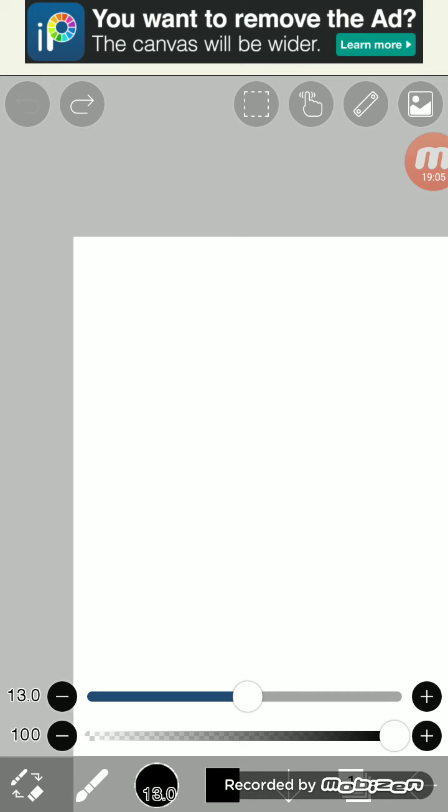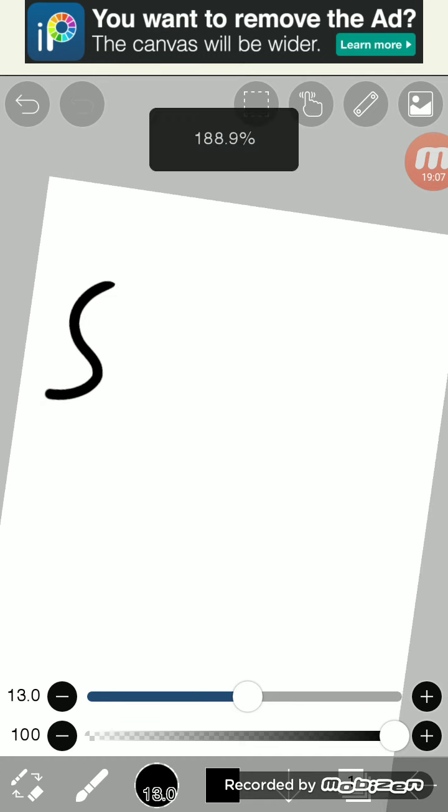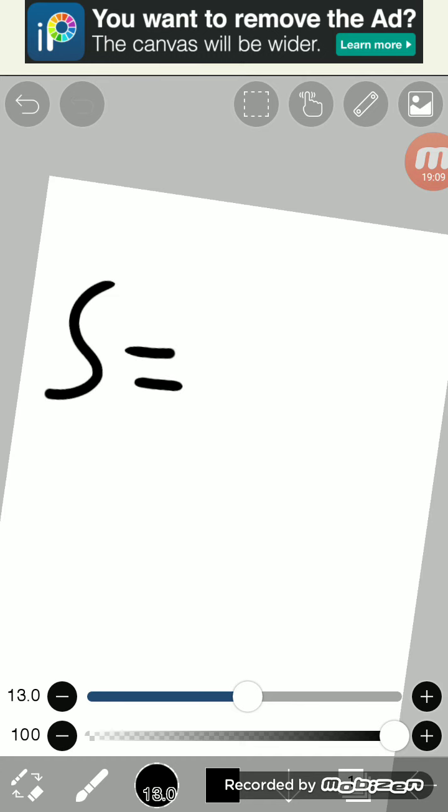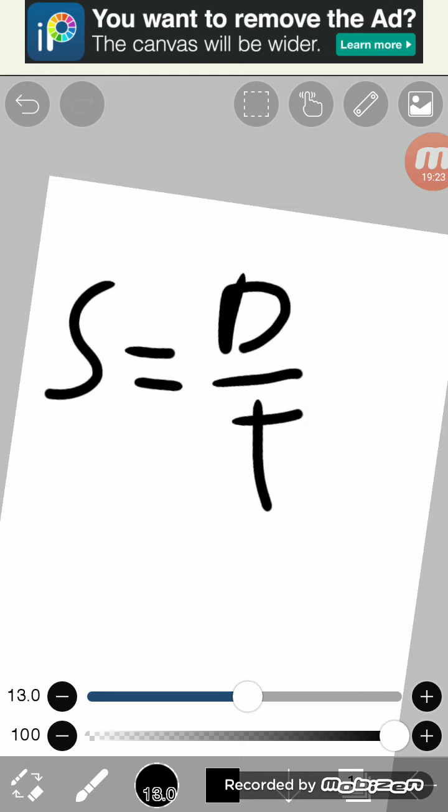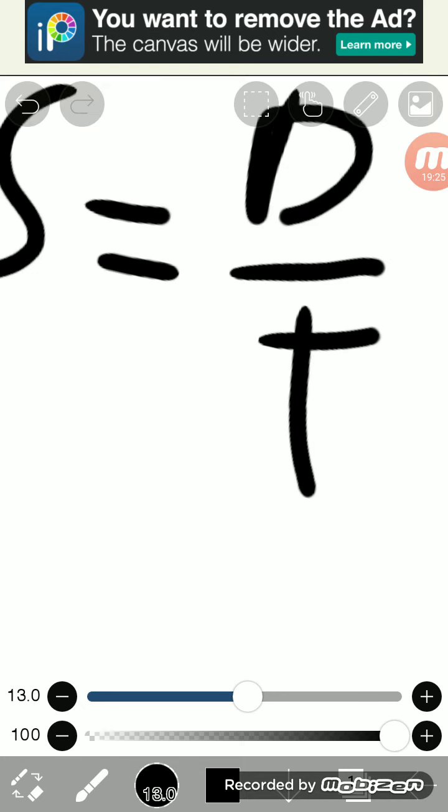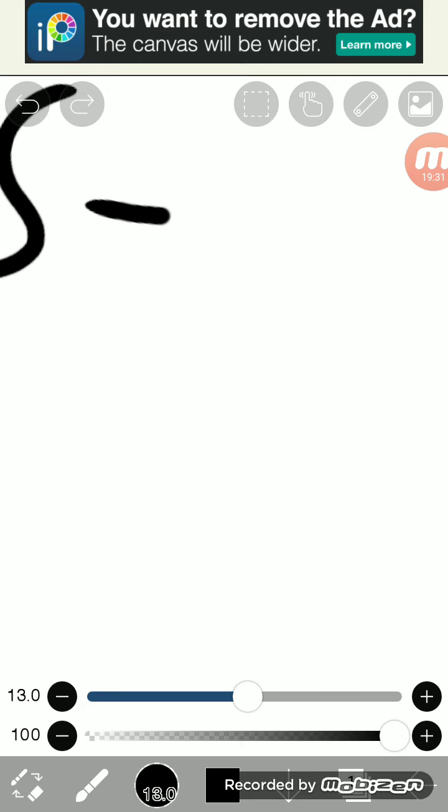So speed equals distance over time. You divide those two numbers and you get something called speed or velocity.